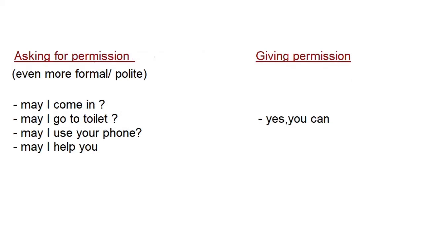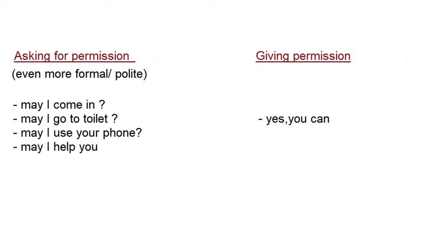The third one is may I. When we enter our classroom, how would we ask? We will ask, may I come in? Or you are entering an office. How will you ask? May I will be the way of asking permission, because you are in a very formal situation. So it is the more polite way of asking permission.